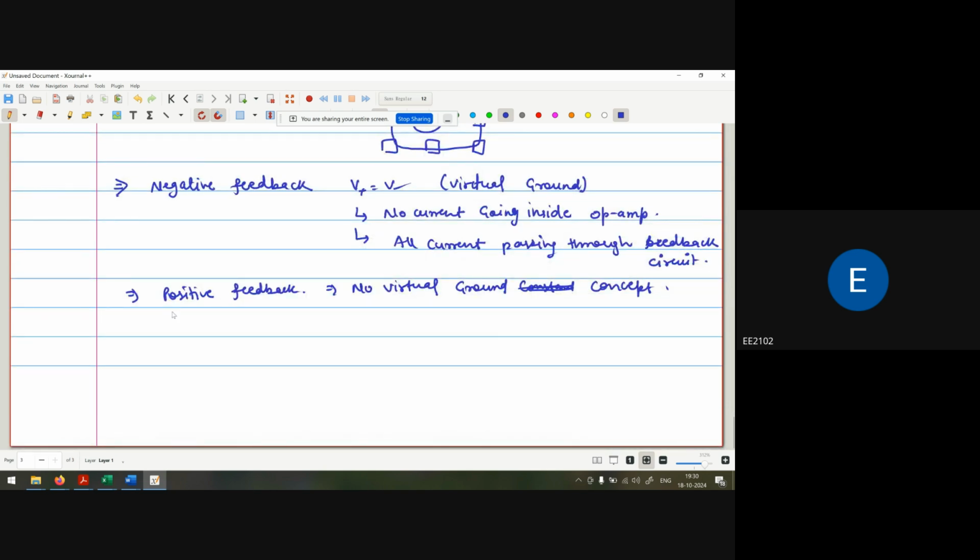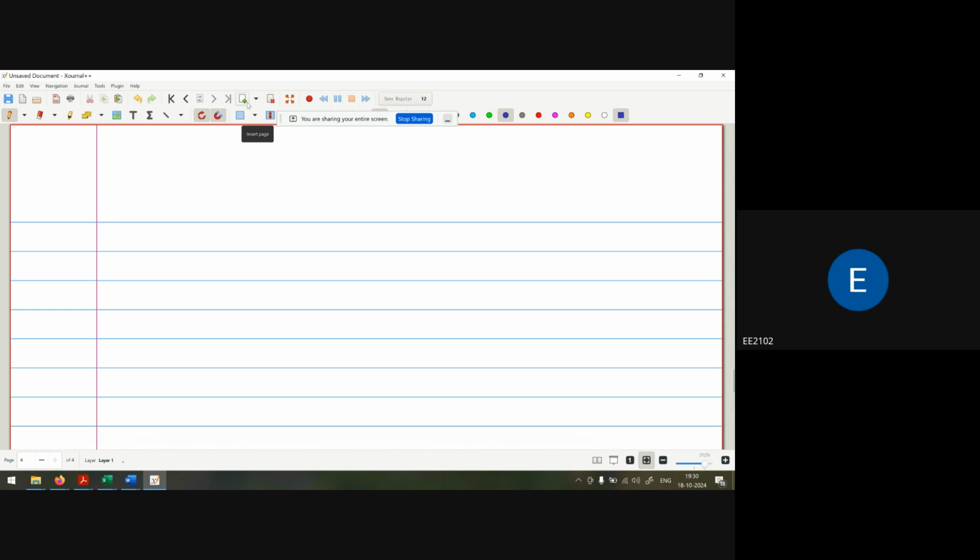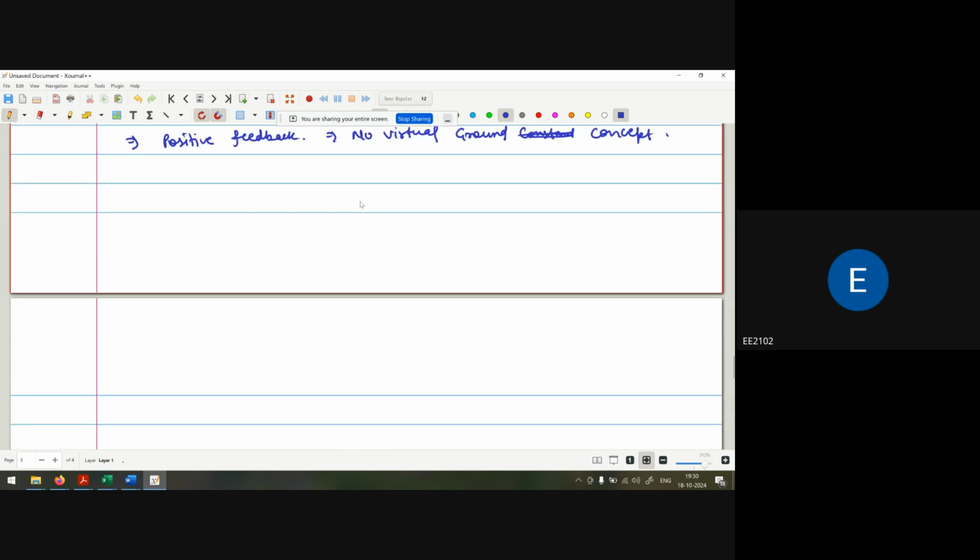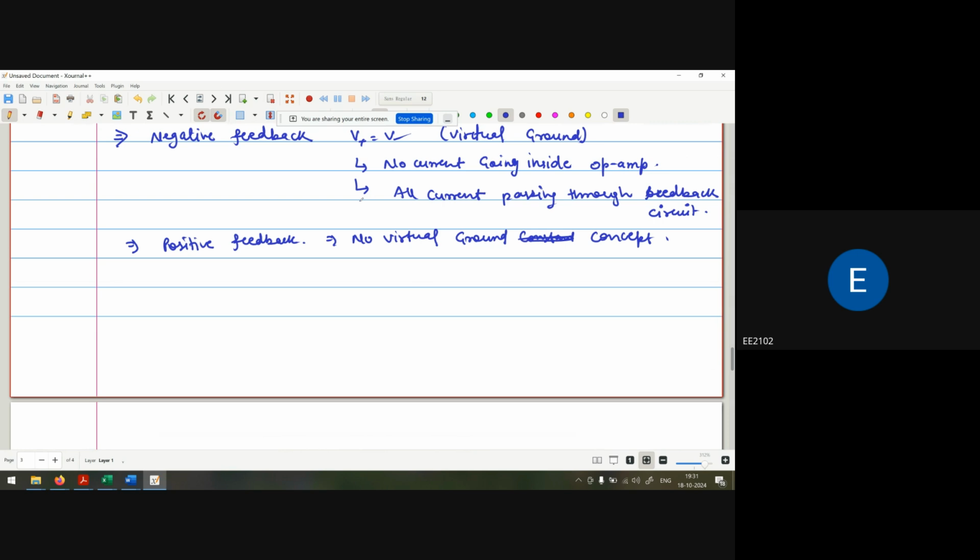In this scenario, we take two considerations. The first is that if the positive terminal voltage is greater than the negative, the output voltage is positive. Either the inverting terminal voltage is higher or the non-inverting terminal voltage is higher, and according to this we get the output.